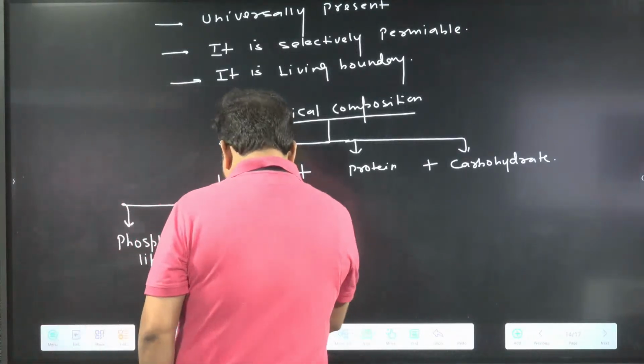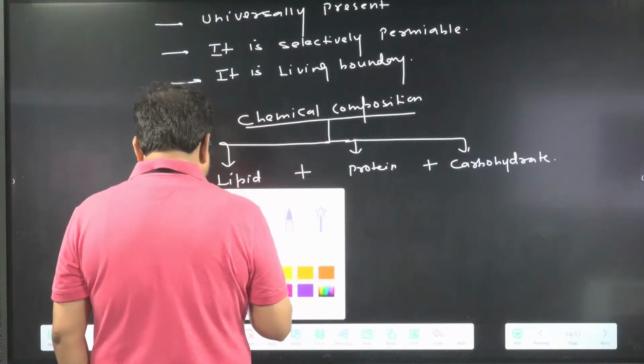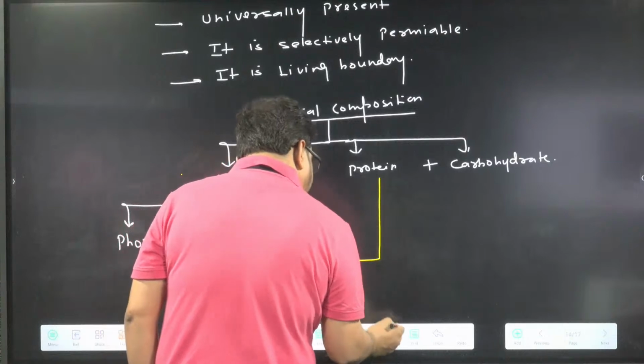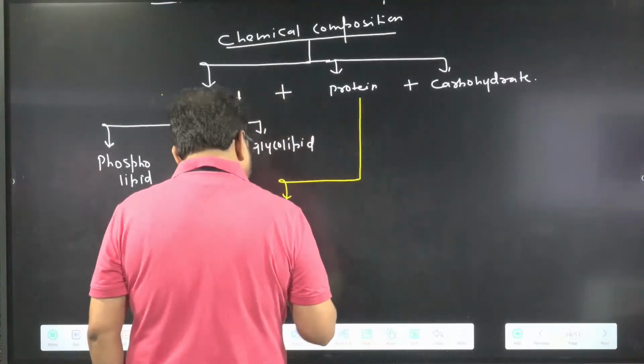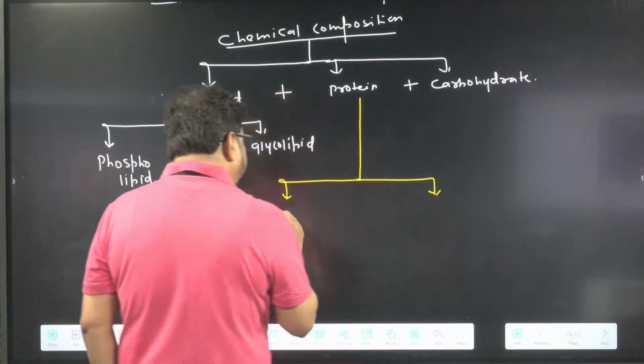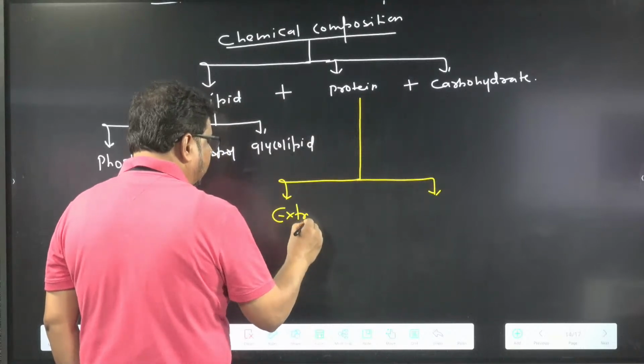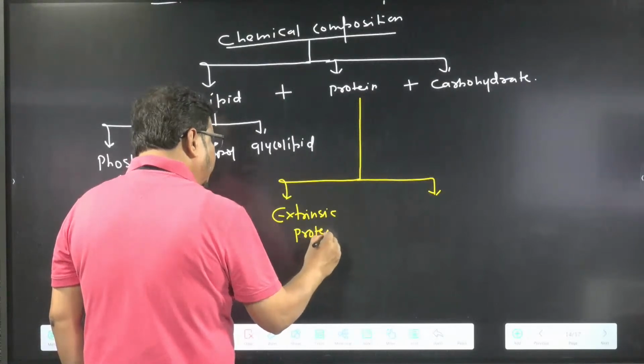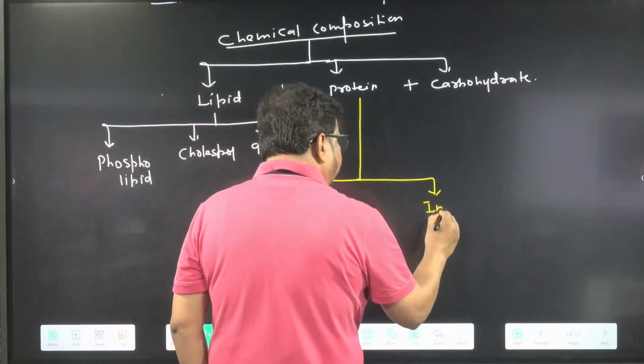The protein present in the plasma membrane is of two types. One is extrinsic protein, another one is intrinsic protein.